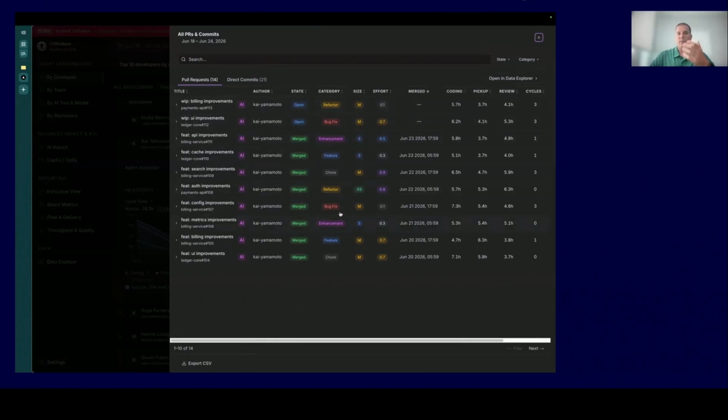The system gives you that visibility and flexibility to understand not only how many things were done, but a heuristic around whether this was contributed with AI. Was this focused on bug fixes, refactors, or enhancements? Where are those investments going? And the average effort involved. Were these tiny changes over a short period of time, or one big monolithic thing? You can get that visibility to vet and guide yourself in making those assessments.